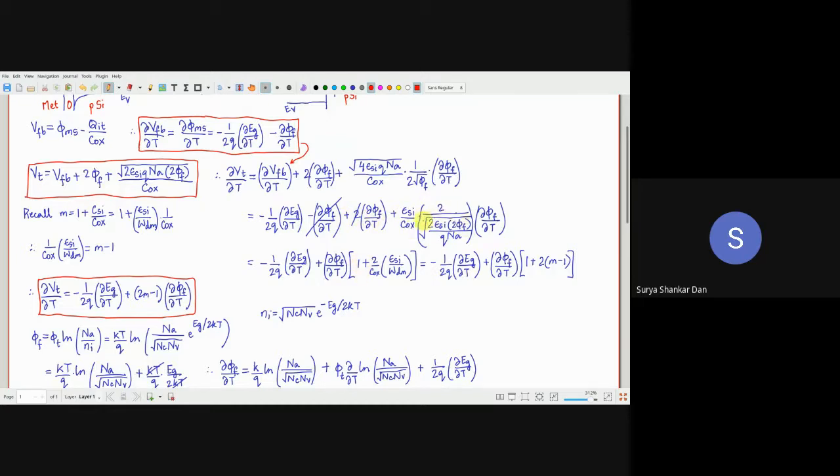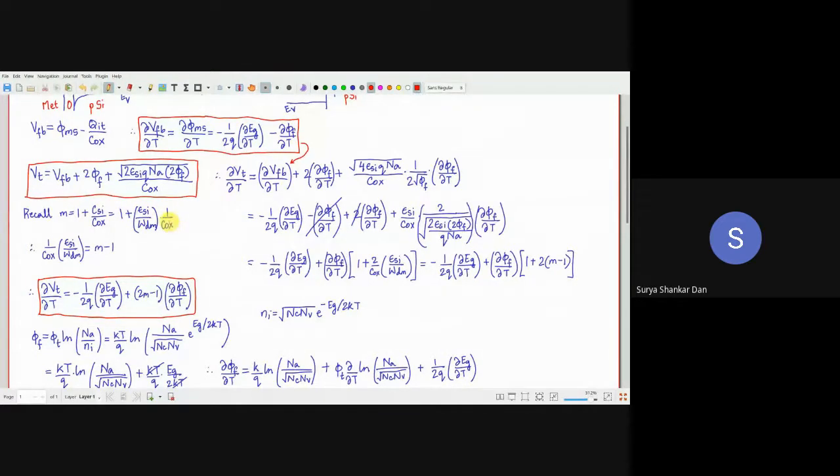Now this within the square root, if you notice, this is nothing other than the maximum depletion width. Therefore, epsilon SI by WDM is nothing but CSI. Okay, so that becomes twice into, so here I have written, recall that small m, the body effect parameter, is 1 plus CSI by COX is equal to 1 plus epsilon SI by WDM 1 upon COX.